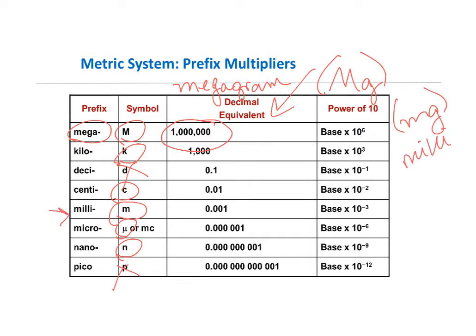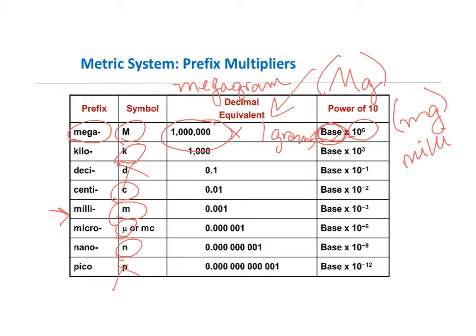So what this is telling you is that a megagram is 1,000 times the size of 1 gram of the base unit. Not 1,000, a million, sorry. So a megagram is whatever the base unit is, whether it's gram or liter, times a million.